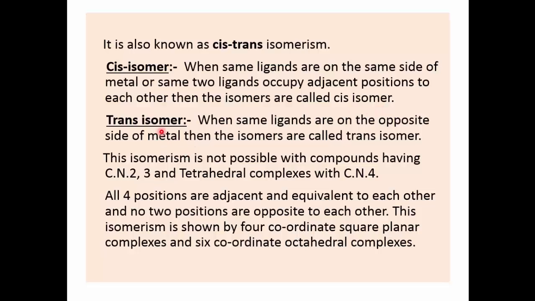What is trans isomer? It is opposite to cis. When same ligands are on the opposite side of the metal, then the isomers are called as trans isomer. So in case of this, same type of ligands are opposite to that of metal. They are placed oppositely on the side of metal.